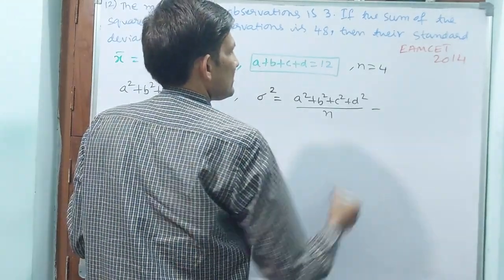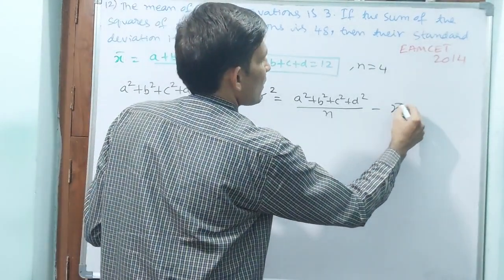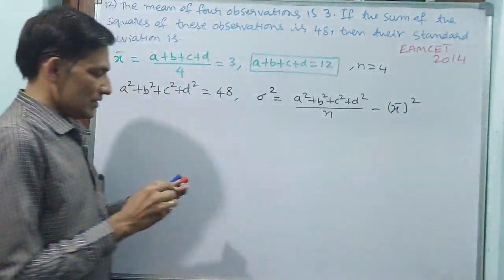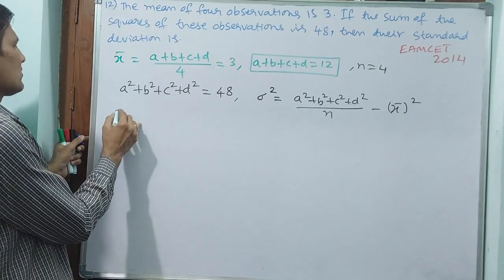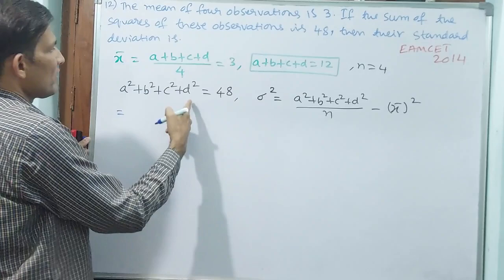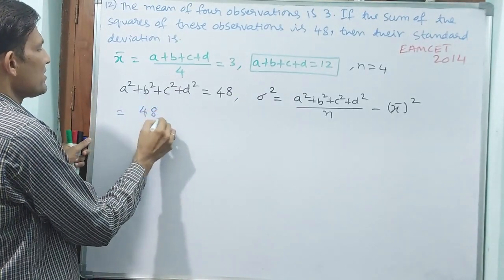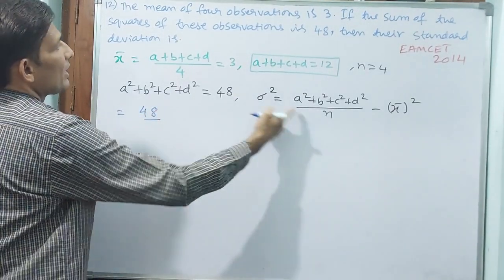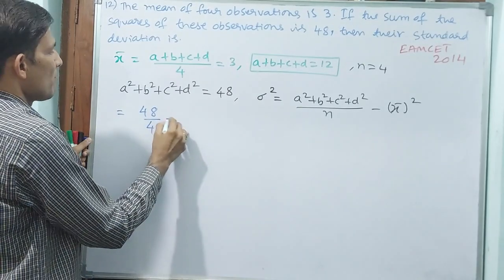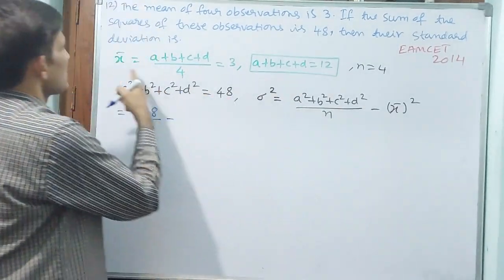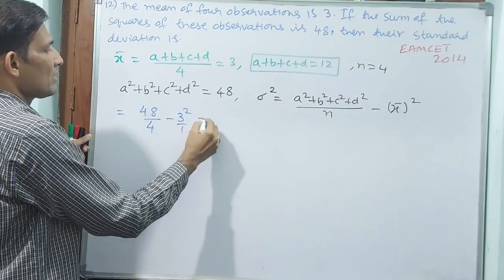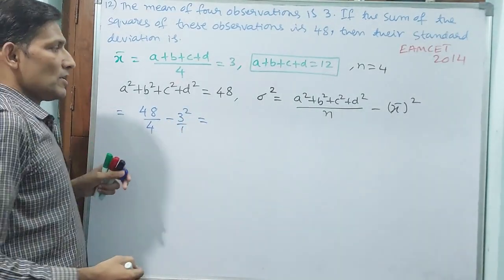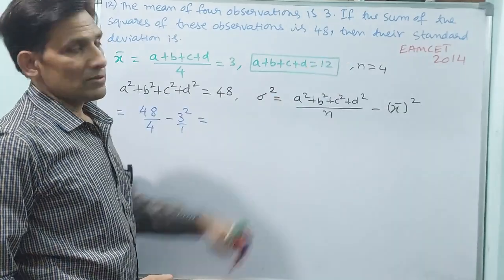Minus x bar square. Okay, if you use this formula, it is useful for you. Now write down then. This they have given already, 48 divided by n, that is 4, minus x bar, directly they have given 3, square, that is equal to. First we will find sigma square, then we will apply square root.